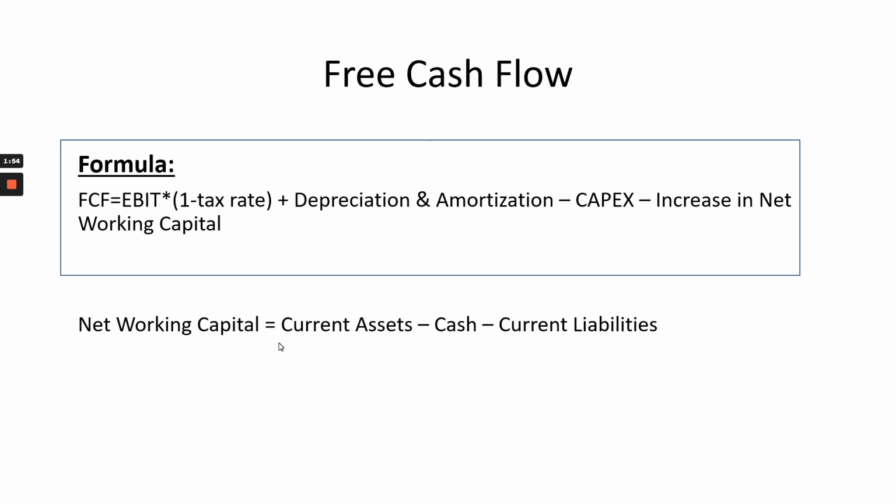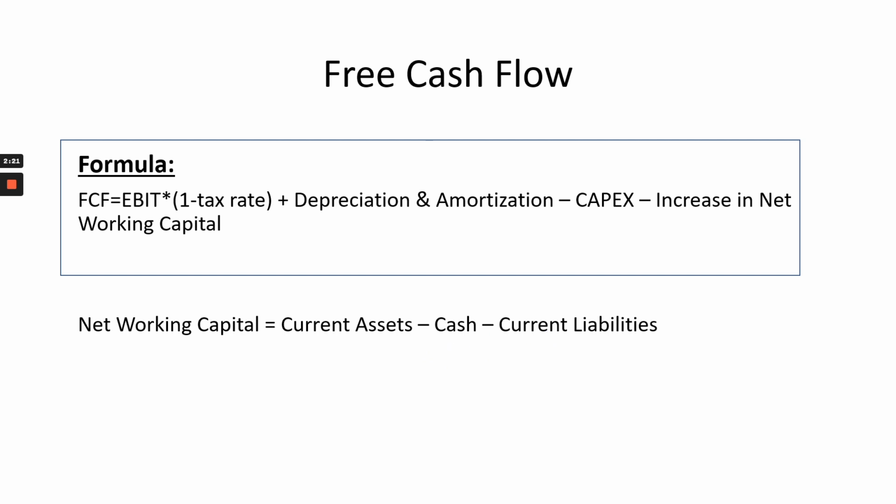So why are we deducting here the increase in net working capital? The two drivers that would cause an increase of the net working capital are either an increase in the current assets or a decrease in current liabilities. If you look at both cases, this would mean a disbursement of cash.